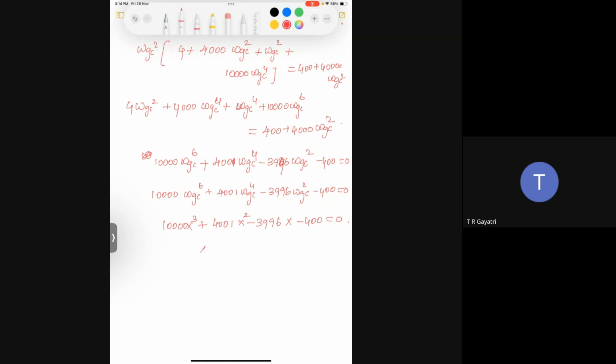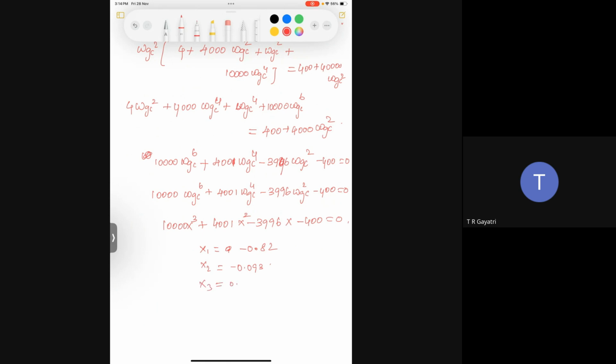Okay, these are the values they have given: minus 8, 2, 0.093, 0.518. So out of this, we will take this positive value.